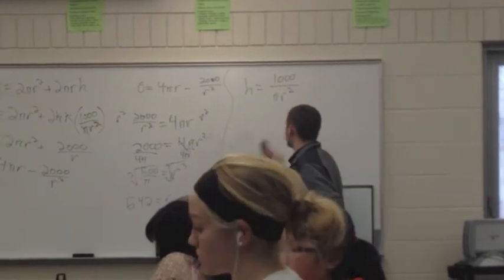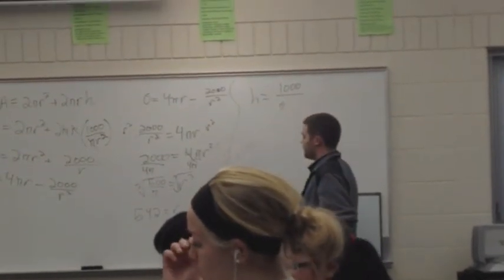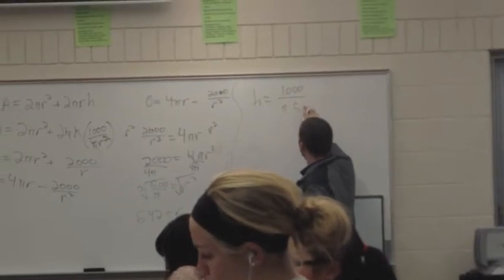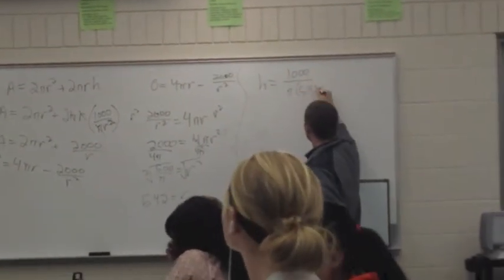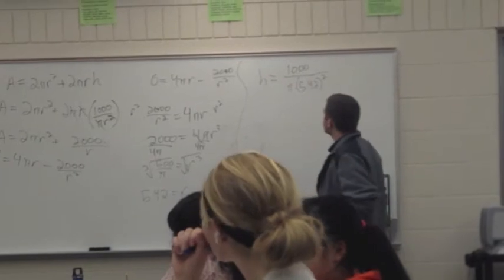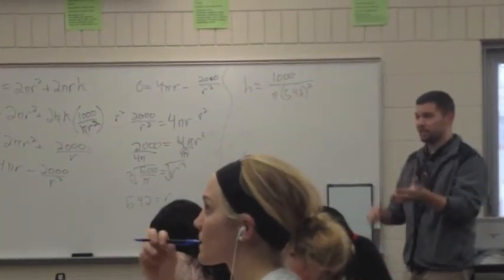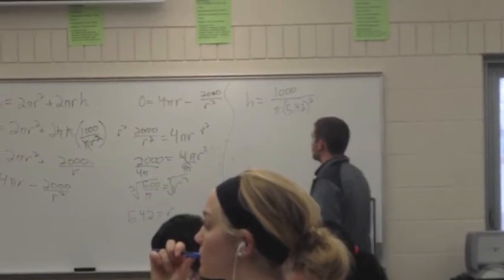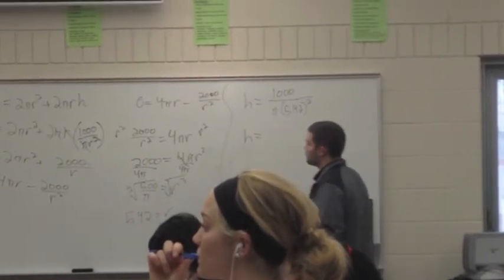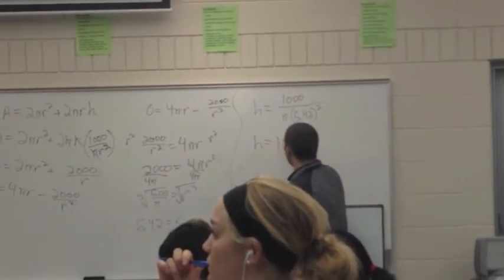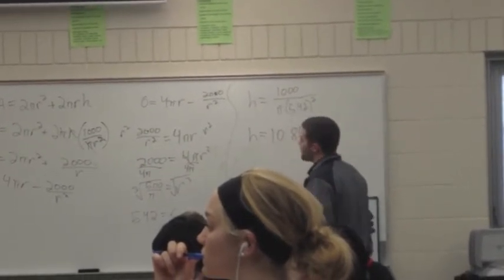And in fact, let's just substitute in r. I don't have to write it again. Times 5.42 squared. And that's something that I can click into my calculator and figure out an answer for. So what is h then? 10.84.